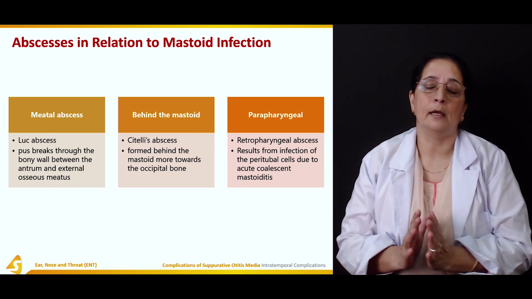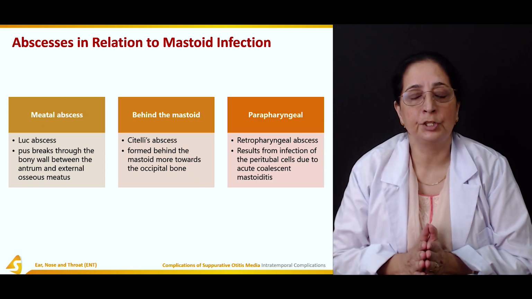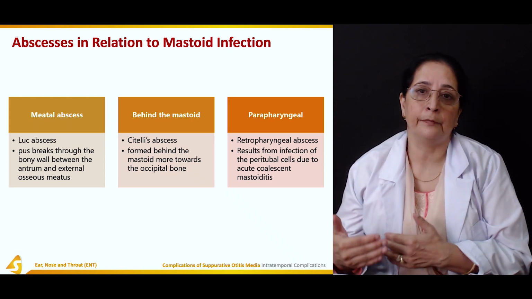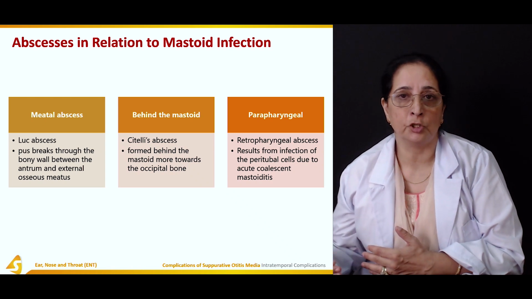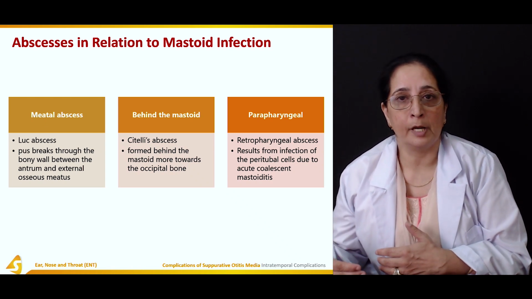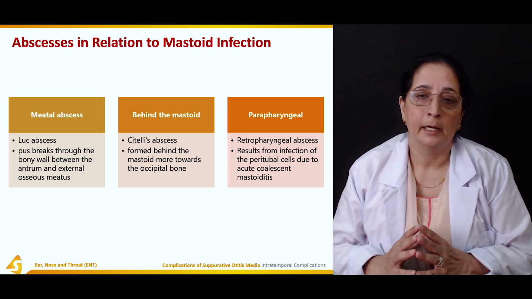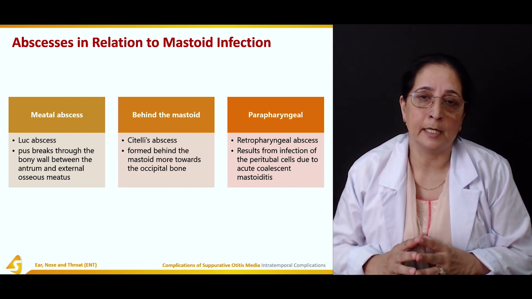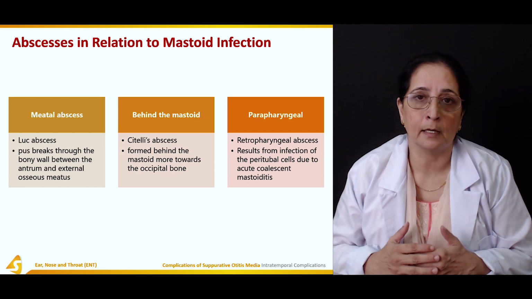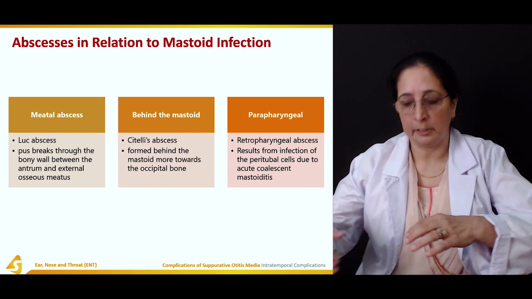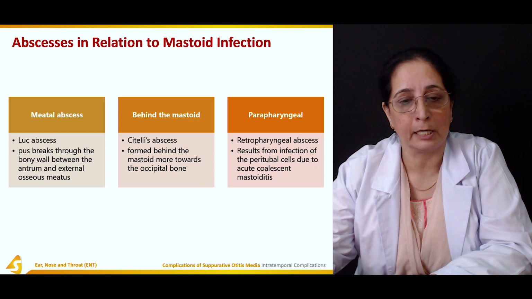So all these are infections which occur as a result of infection from the mastoid or mastoiditis. So you saw so many complications can occur from mastoiditis, and all these areas are affected as a result of infection of the mastoid.